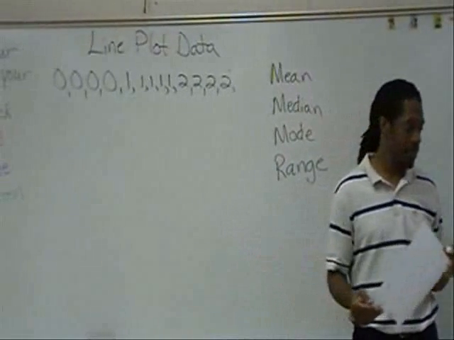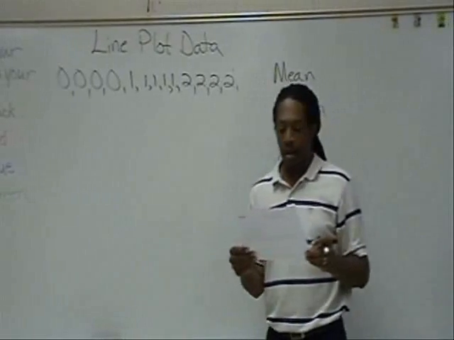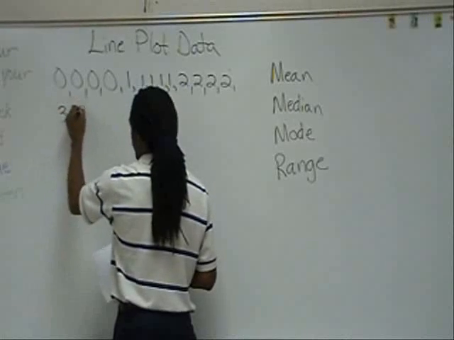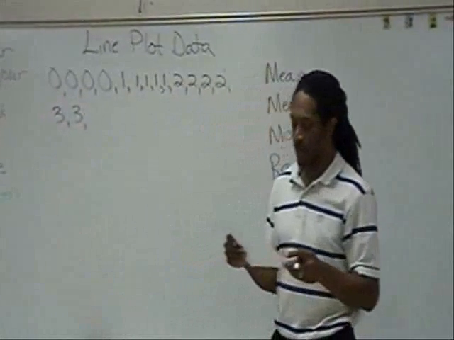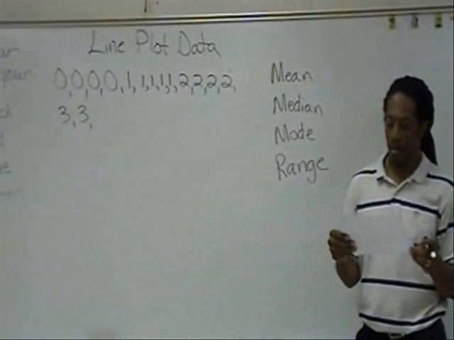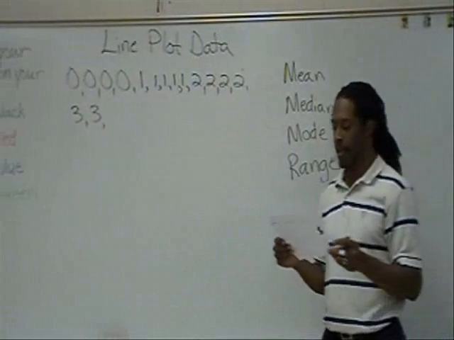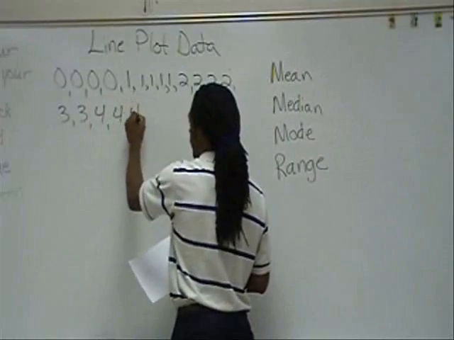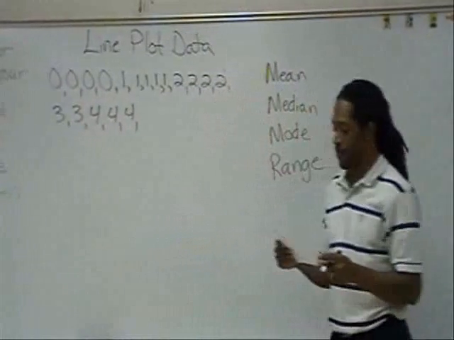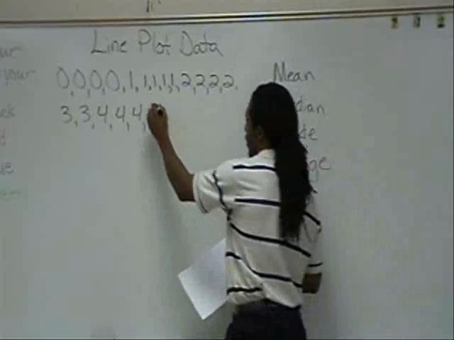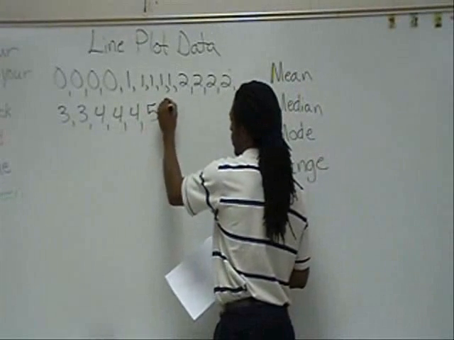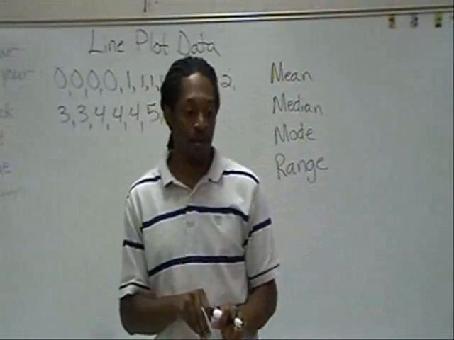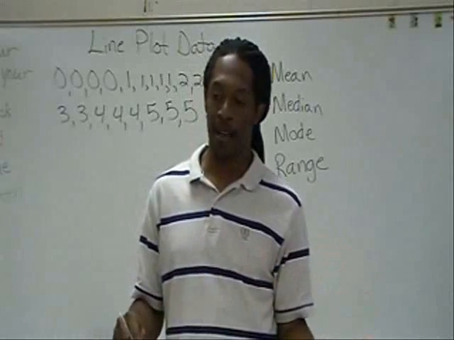Okay? 2 people said they have 3. 3 people said they have 4. And 3 people said that they have 5. Now, like I said earlier, once you have that written, put it back in your binder.